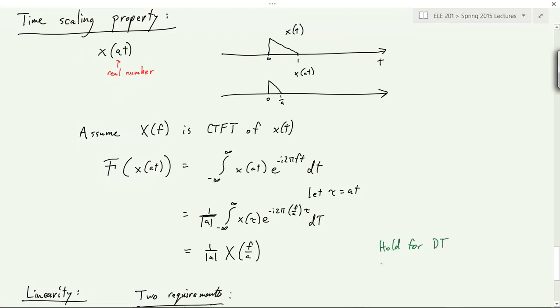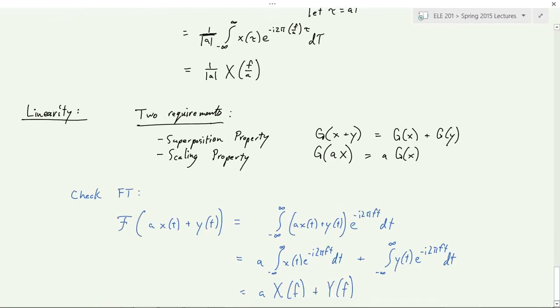However, for later properties, I'll note when they hold for discrete time. In your problem set, you're going to look at a similar property to time scaling for discrete time. The problem is time scaling doesn't always make sense in discrete time. It won't be well defined. But you'll do that in your problem set. Linearity, of course, holds for both discrete time and continuous time.